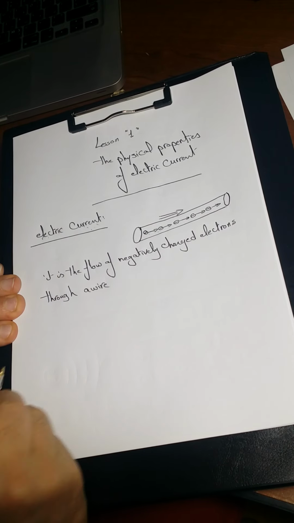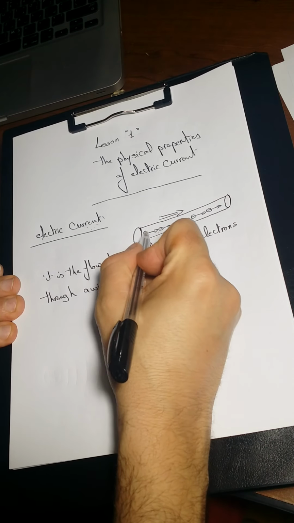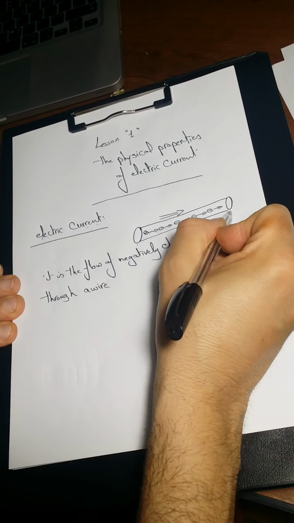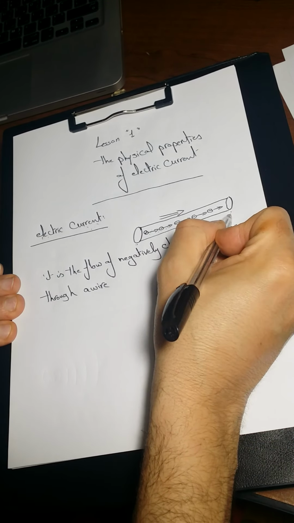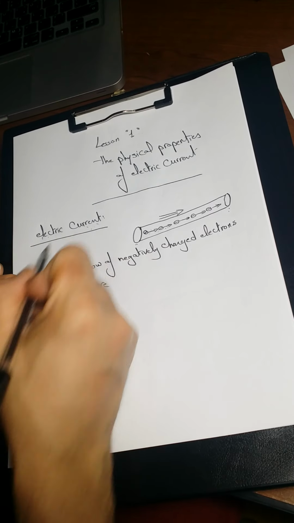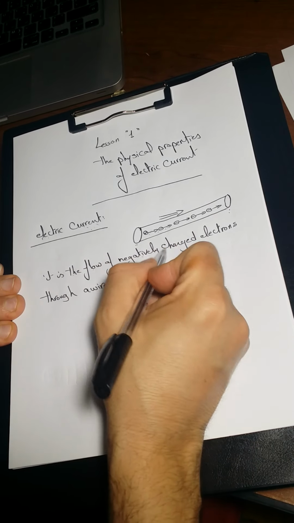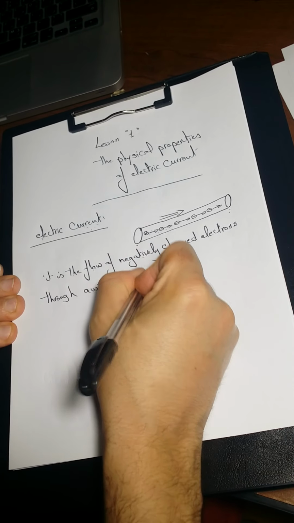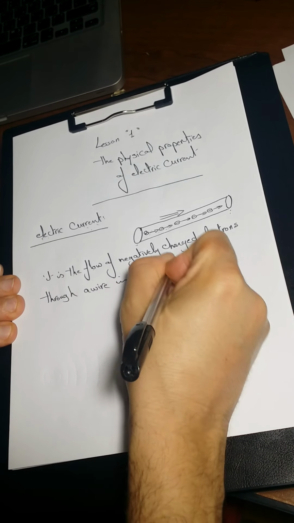Through what? A wire. As you can see, the electrons are moving through the wire from one terminal to another, from one point to another. So the electric current is the flow of negatively charged electrons through a wire in a given direction.